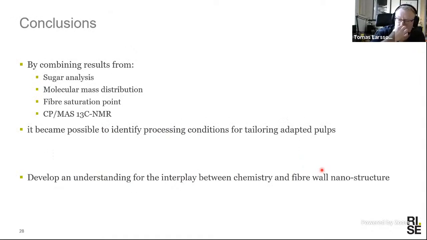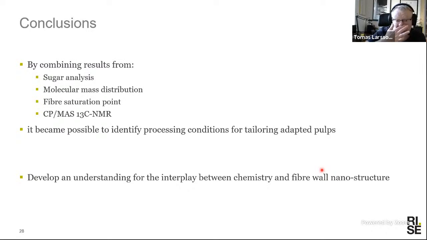Yeah, so if I should try to conclude this, I don't know about the time now, how long I've been talking, but what we did to deal with this was that we added, on top of the normal analysis we do with our pulps, 4 more methods, 2 chemical, 2 structural.